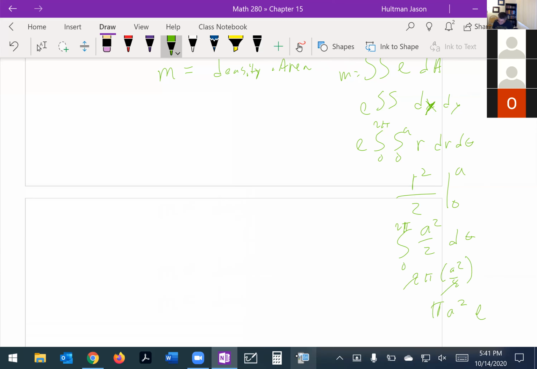So does it make sense that the total mass would be the density times the area? Well, yeah, and what was the area? The area was pi r squared. It was a circle.